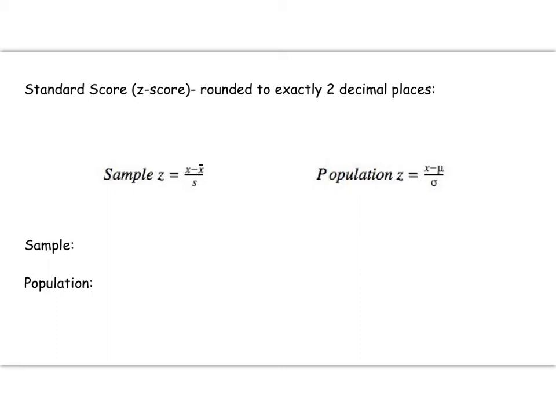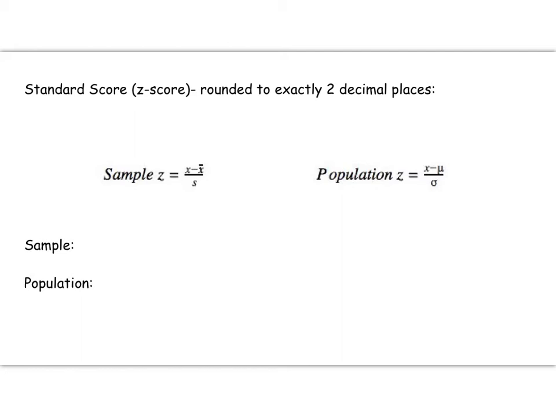So there are two standard scores. There is one standard score for a sample, and one standard score for a population. They're both calculated the same way. However, the sample z-score or standard score has this strange little x-bar in its formula.